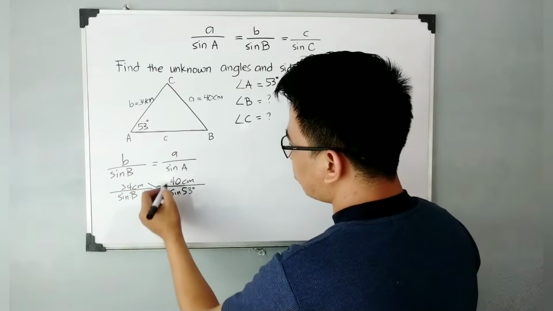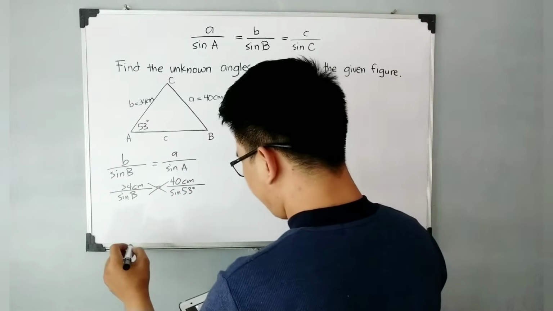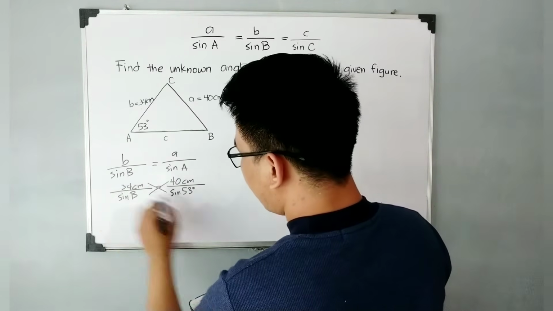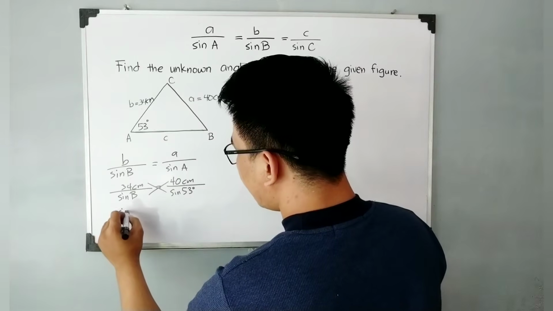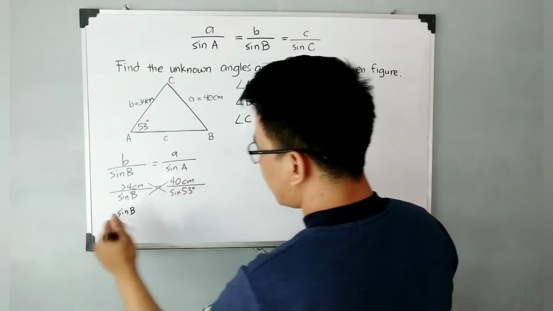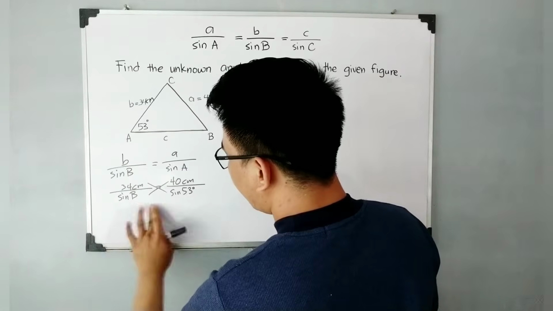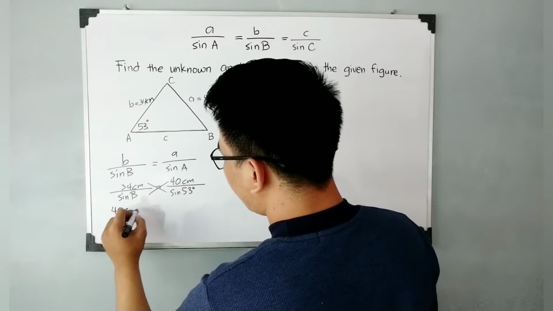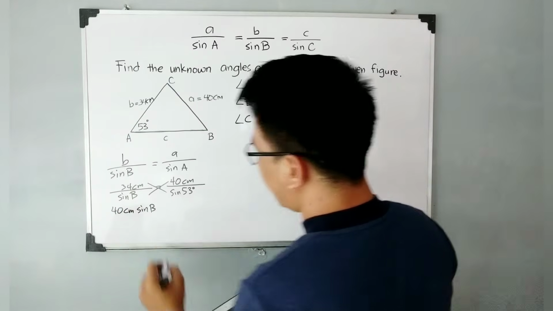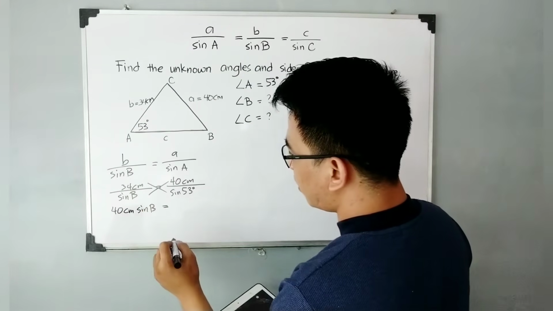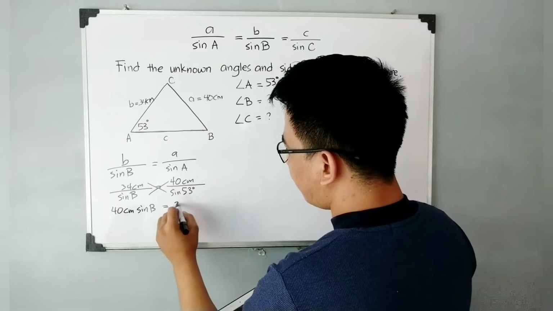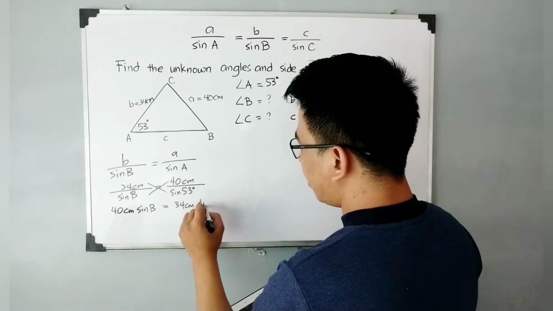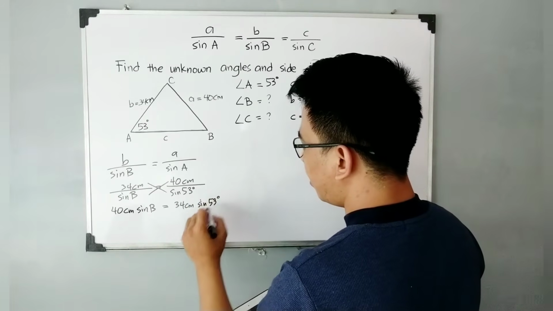So, cross multiplication, you have sine B times 40 centimeters, that is equal to 40 centimeters sine B is equal to 34 centimeters sine 53 degrees.